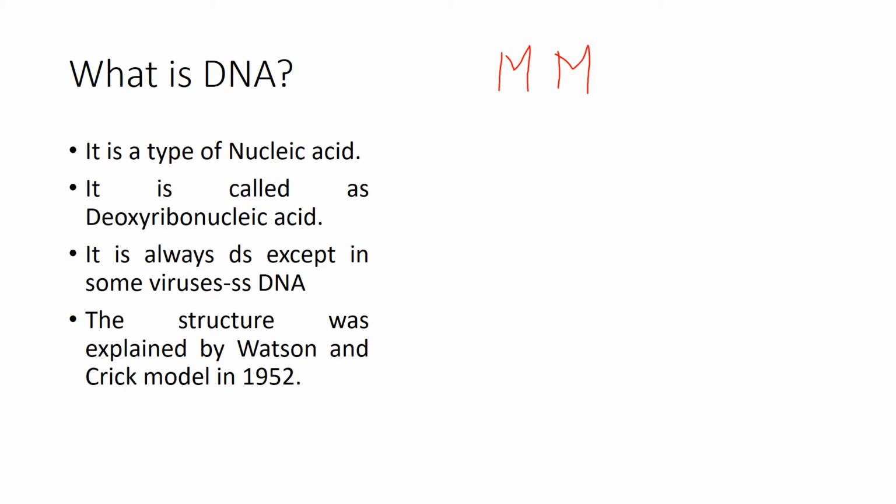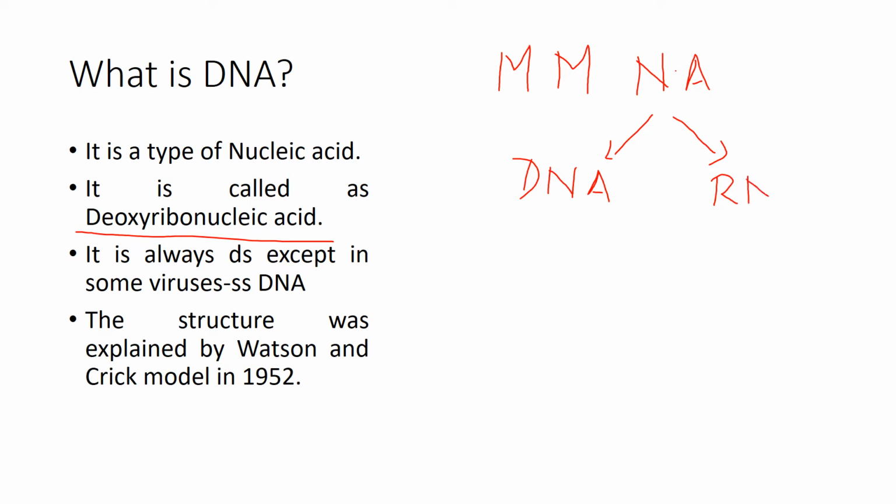Now, this macromolecule, the nucleic acid which we are talking about, is divided into two types. The molecules are of two types, right? One type is what we are studying, that is DNA, and the full form is deoxyribose nucleic acid. And the second type is called RNA, which is ribose nucleic acid.